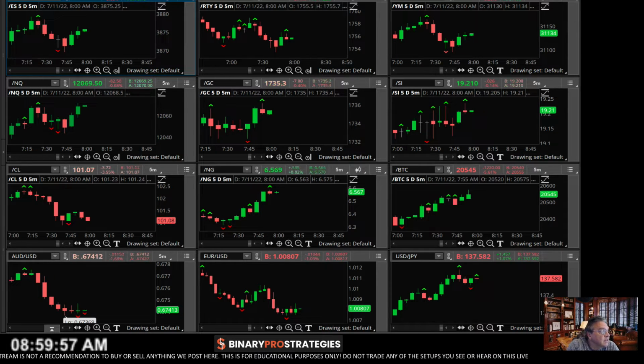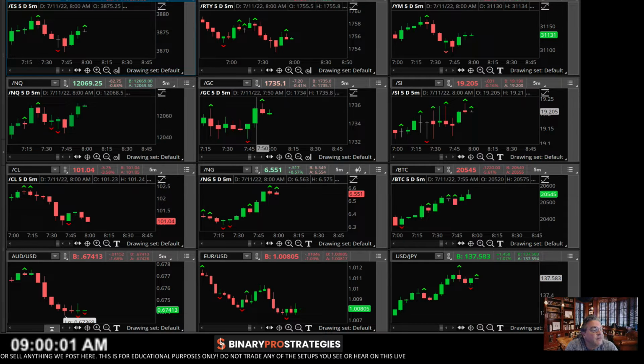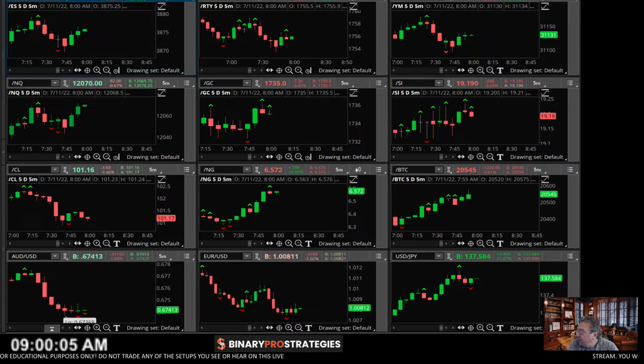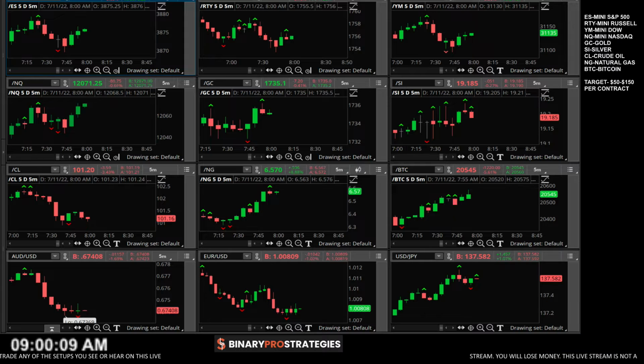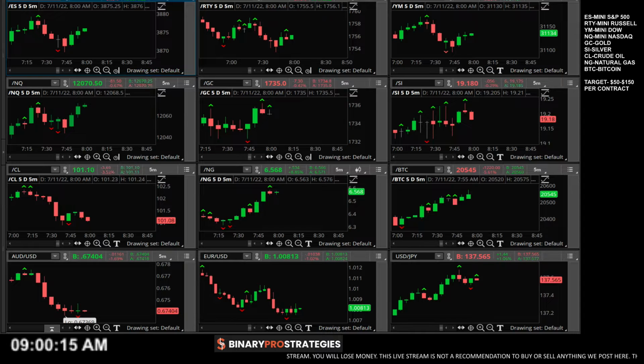So let's just see. I'm doing my initial scan here and looking to see if we have any setups. But let's take a look once again at what we're going to be trading this morning. If you look on the top right-hand corner, you're going to see that we're going to be looking at the ES, which is the E-mini S&P 500.